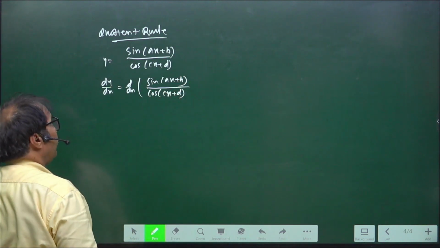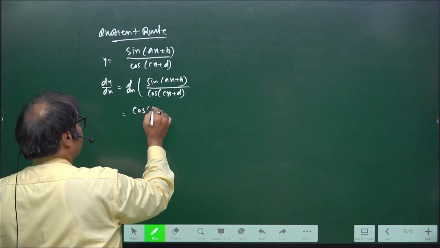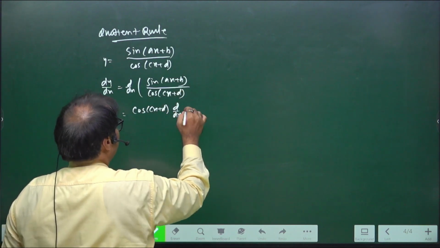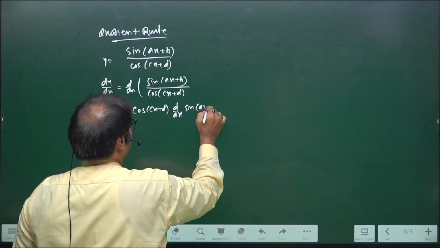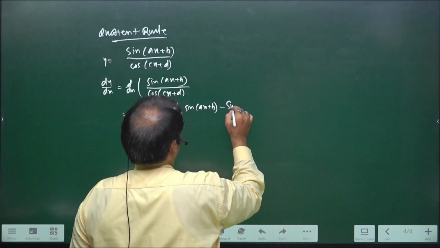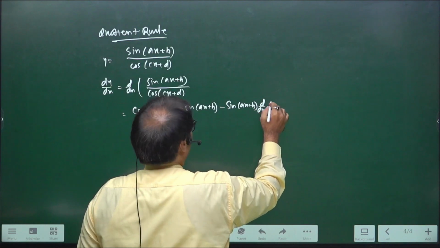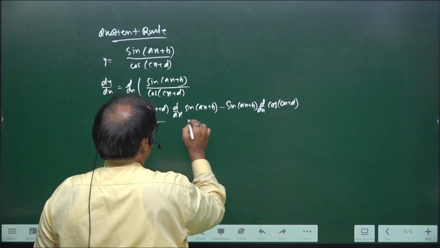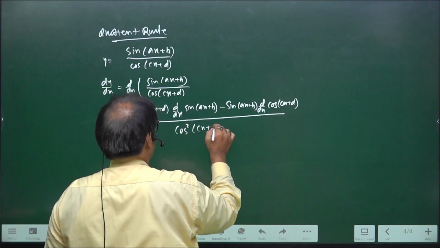So apply the quotient rule, means denominator cos cx plus d into d by dx of numerator, numerator means sin ax plus b, and minus numerator sin ax plus b and d by dx of denominator cos cx plus d, divided by denominator square, so cos square of cx plus d.